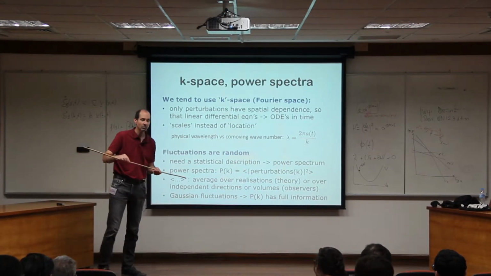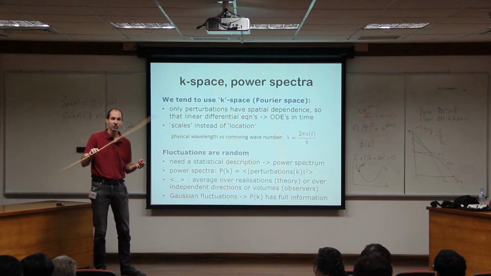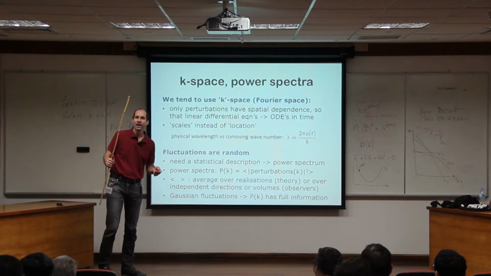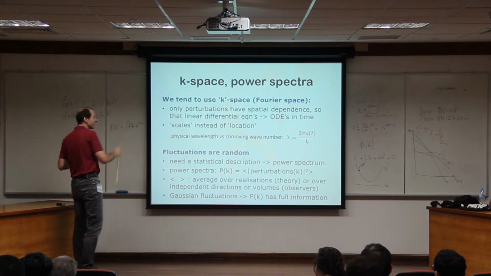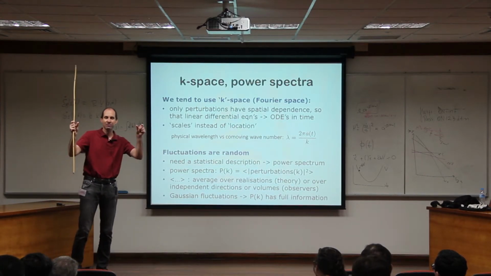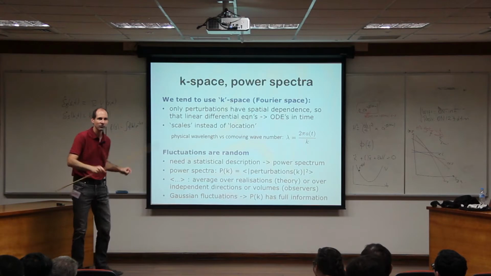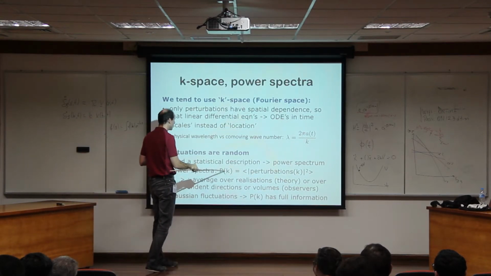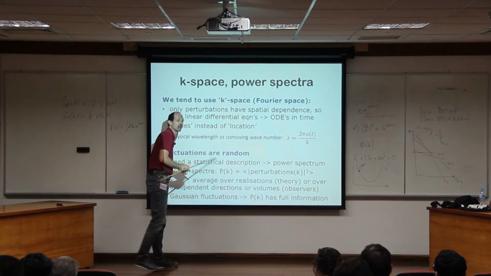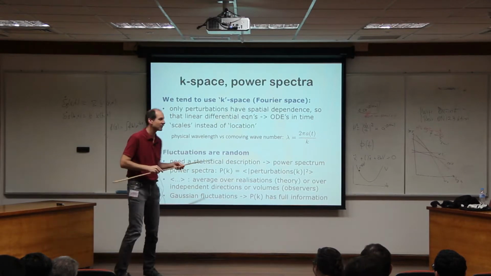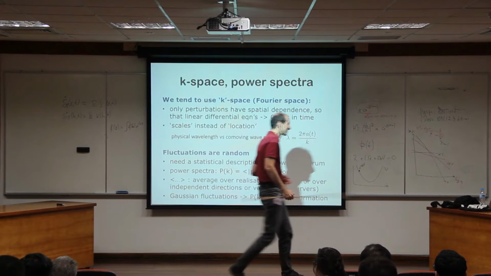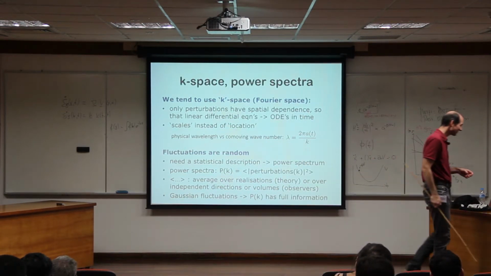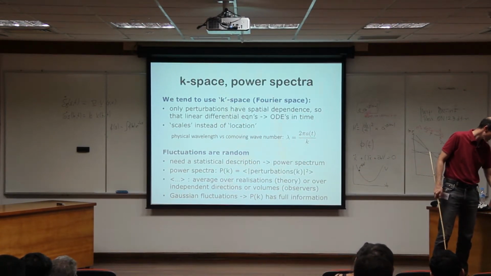These quantities, because of isotropy, they cannot depend on the direction of k, and because of homogeneity, they cannot depend on the x itself, they can only depend on x minus y, so your 2-point function. And so effectively this means they only depend on the absolute value of k. It's a little calculation that I definitely don't have the time to go through, but I'm happy to go through it afterwards if you want. Okay.